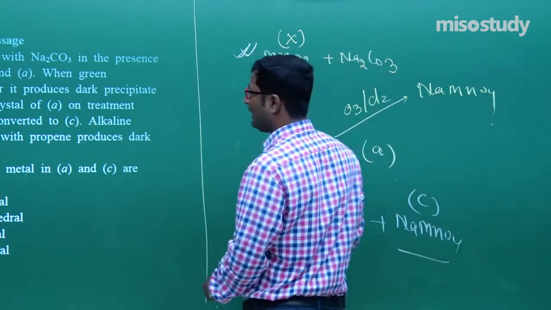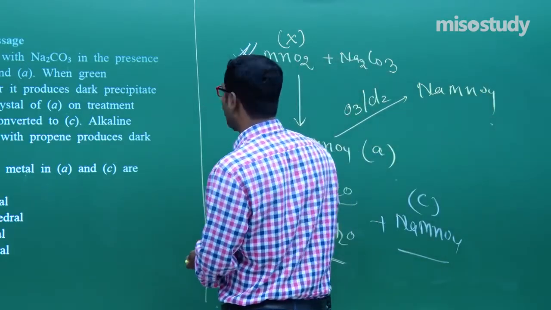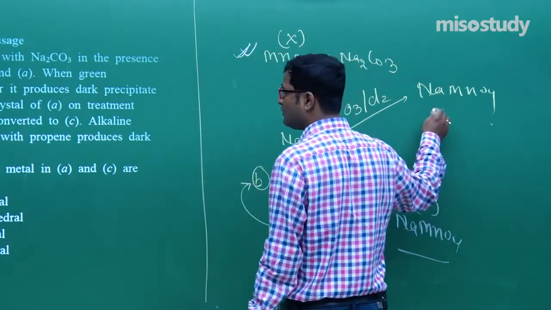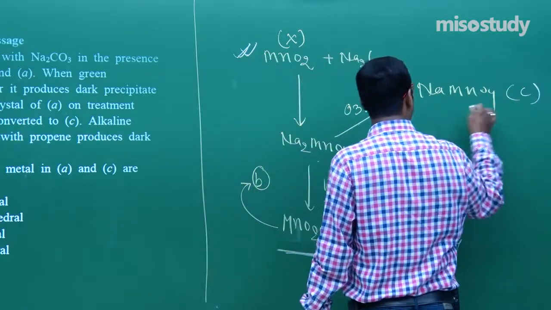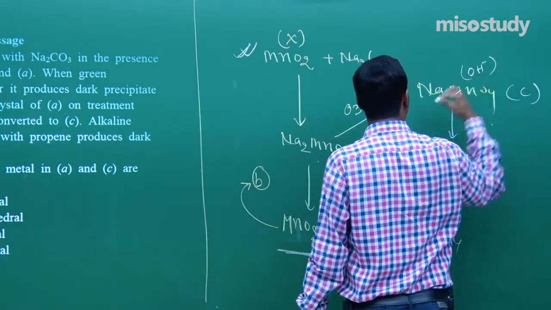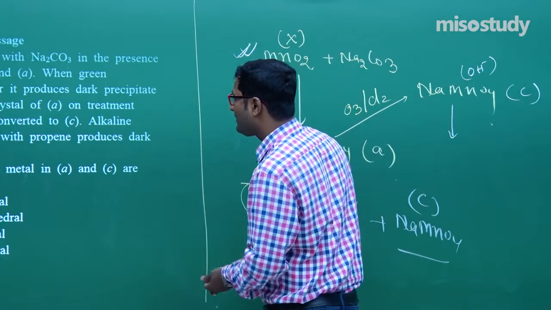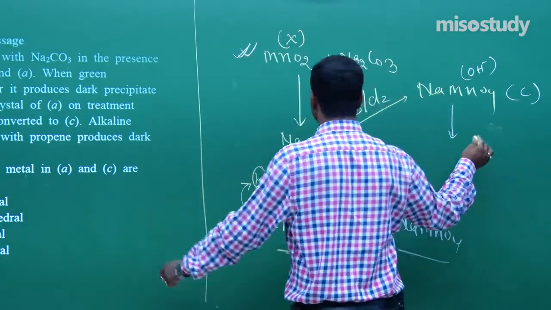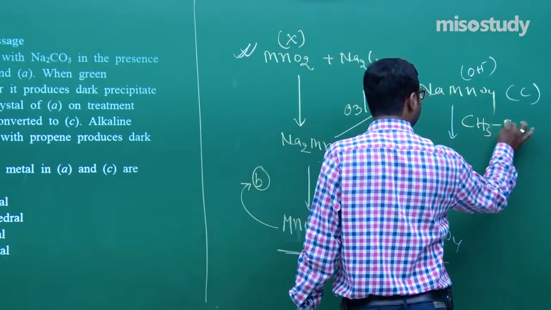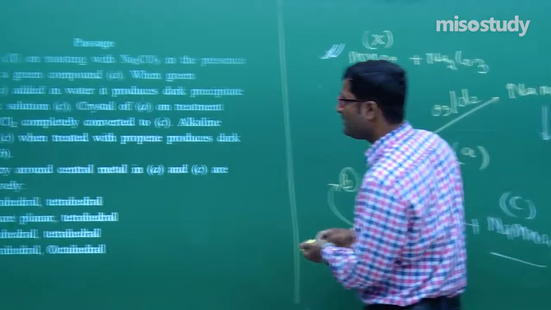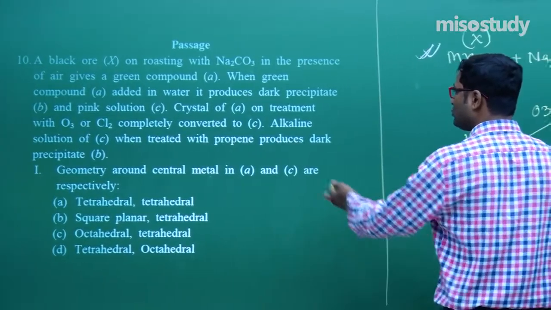Yes sir. And alkaline solution of C, what will happen? Alkaline solution of C, there is also involvement of OH minus, when treated with propene, that is CH3CH=CH2, it produces a dark precipitate.